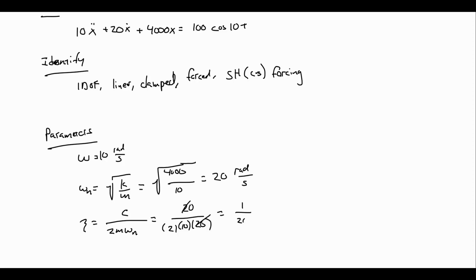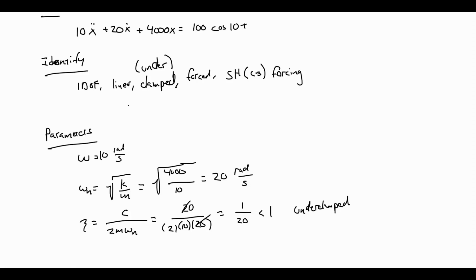I'll leave it as a fraction for now. And that's less than 1, so we are underdamped. So coming back to our identify, because our zeta was between 0 and 1, we know we have an underdamped system. And that's fortunate because for forced damped systems, we can only look at underdamped right now.